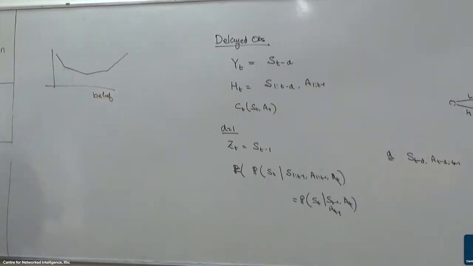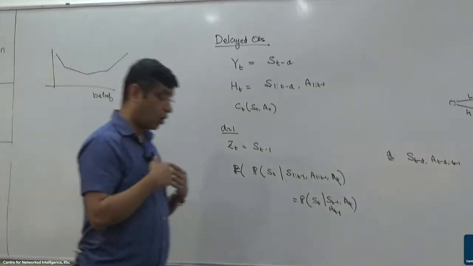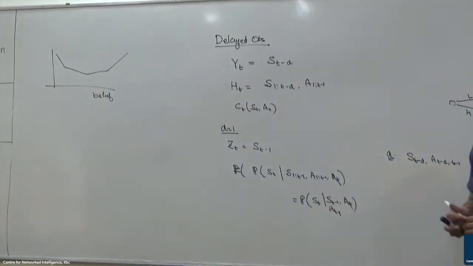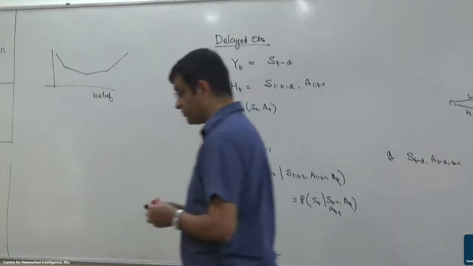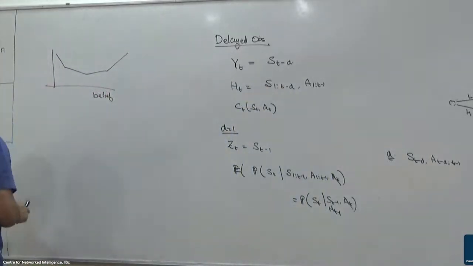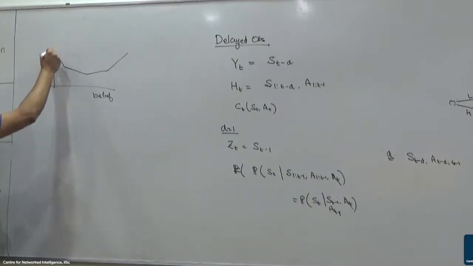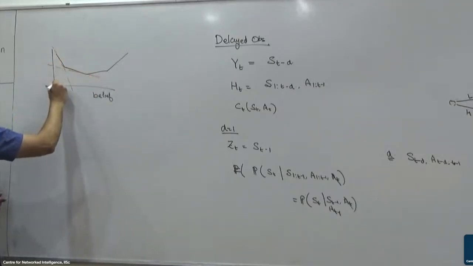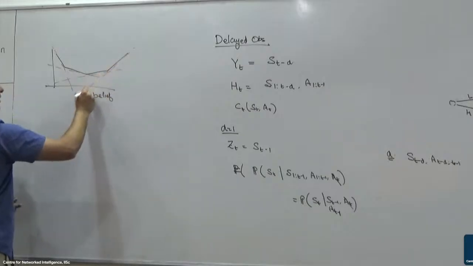And this is exploited in all numerical algorithms to solve the partially observed MDPs, that rather than doing some stupid thing like quantizing the beliefs, what you do is you exploit the structure of this and you say this is the minimum of certain affine hyperplanes.